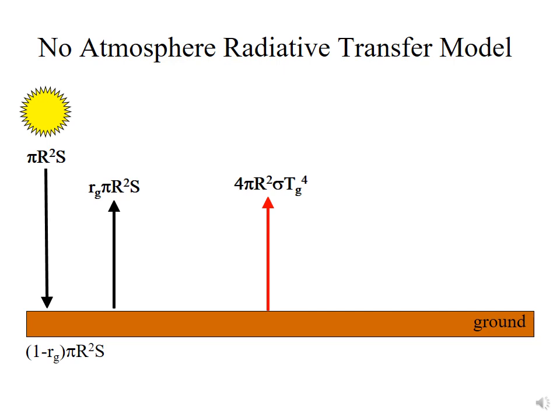The amount of energy emitted by an object is controlled by the Stefan-Boltzmann law, which is sigma times the temperature of the ground to the 4th power. But then we have a multiplier out front because the Stefan-Boltzmann law gives you essentially an irradiance in watts per meter squared, where sigma is the Stefan-Boltzmann constant.